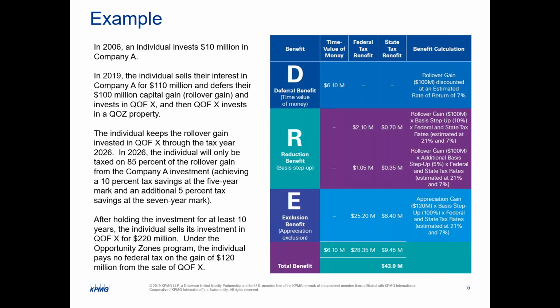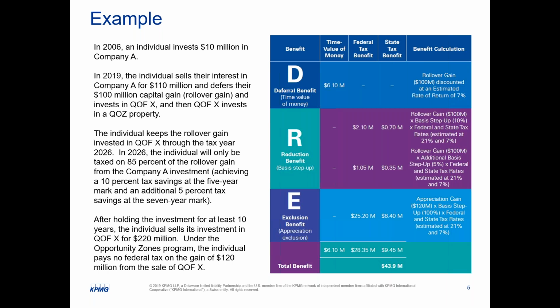He then invests that rollover gain of $100 million into a qualified opportunity zone fund X, and then QOFX invests in a property. If that investor is able to keep that investment in QOFX to 2026, he's going to get that 7-year benefit, which basically gives him the 15% basis step up.